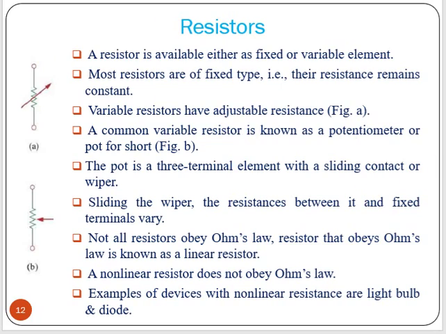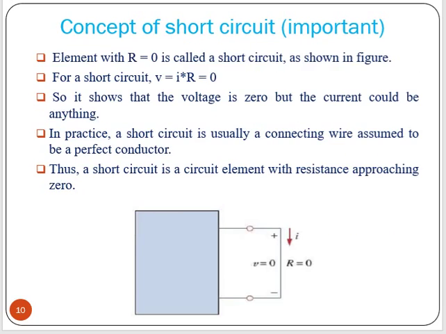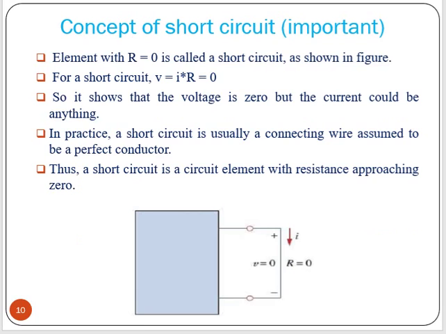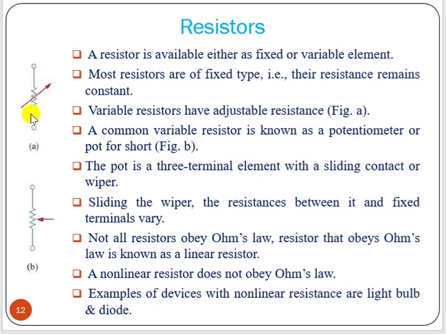Now some points about resistors. A resistor is available either as fixed or variable. Most resistors are of the fixed type. In the previous case, what you have seen is a fixed resistor symbol, and this is the symbol of a variable resistor. The arrow means a variable resistor.